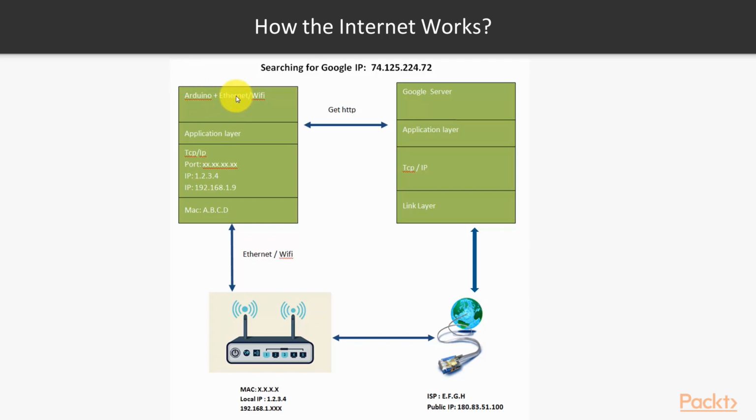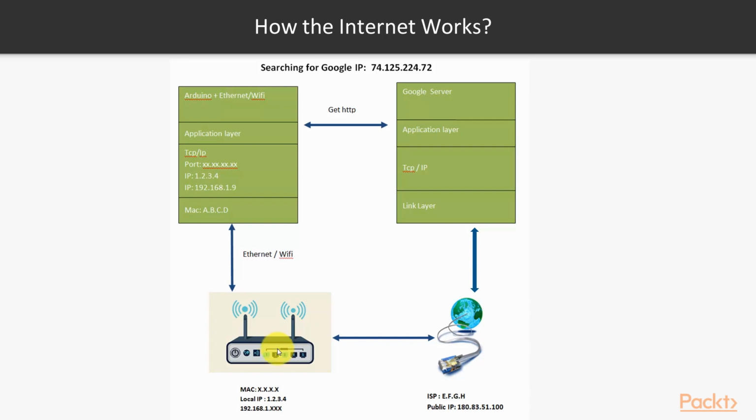Now let's try to simulate the example of looking for Google. The message is created on the Arduino plus your Ethernet or Wi-Fi board, and it comes to the application layer as a GET HTTP request, and then it goes to the TCP/IP layer. The message is created with the source address, the target address, the message, the length and other parameters, and a port number is also attached. Then this is sent to your router.